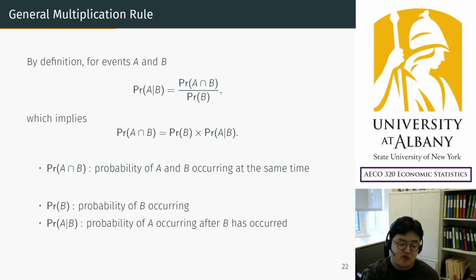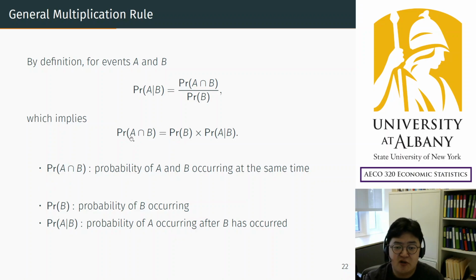In the previous chapter, the addition rule was for the union, and the multiplication rule is for the intersection. So you can compare how they look. They are different, but have a similar structure.